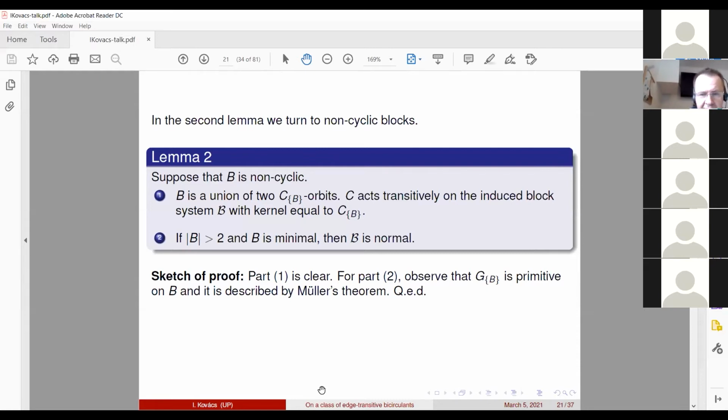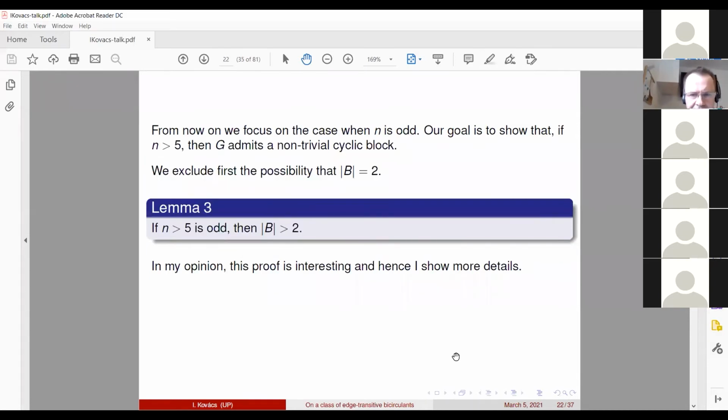And this just comes from the stepwise stabilizer of B and C. Because of that, this group is described by Müller's theorem, and you can use this theorem to analyze this group and its properties to get further constraints on the graph. Okay, let's go to the next lemma.